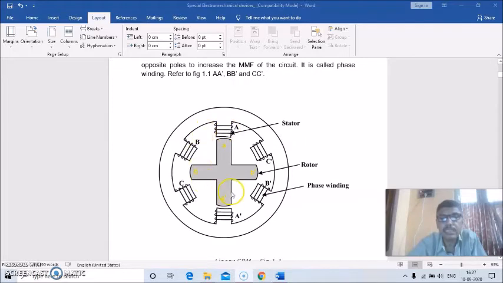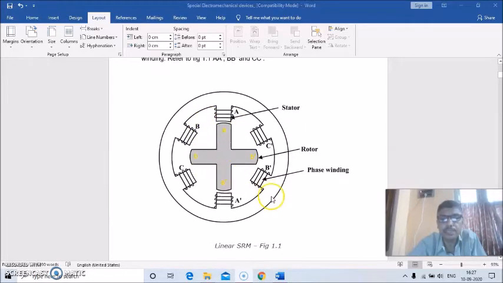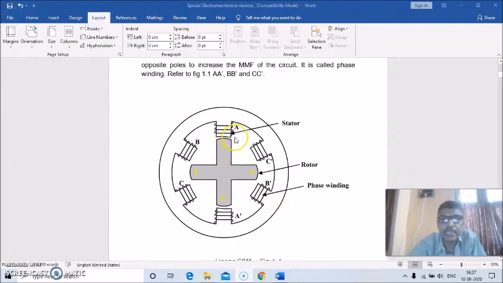This is the figure 1.1. A dash, B dash, and C dash are the phases. This is the stator windings, and this is the rotor. These are the phase windings.